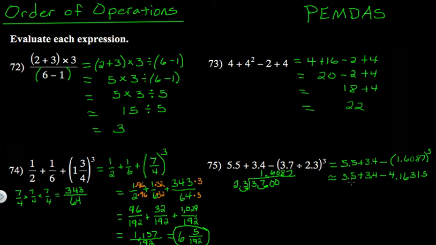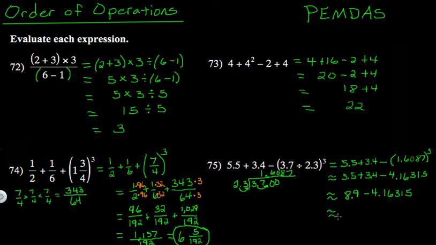And then now PEMDAS tells us we do addition and subtraction from left to right. So we do 5.5 plus 3.4. And at this point, that should basically be mental math for you. That gives us 8.9. So this is 8.9 minus 4.16315.